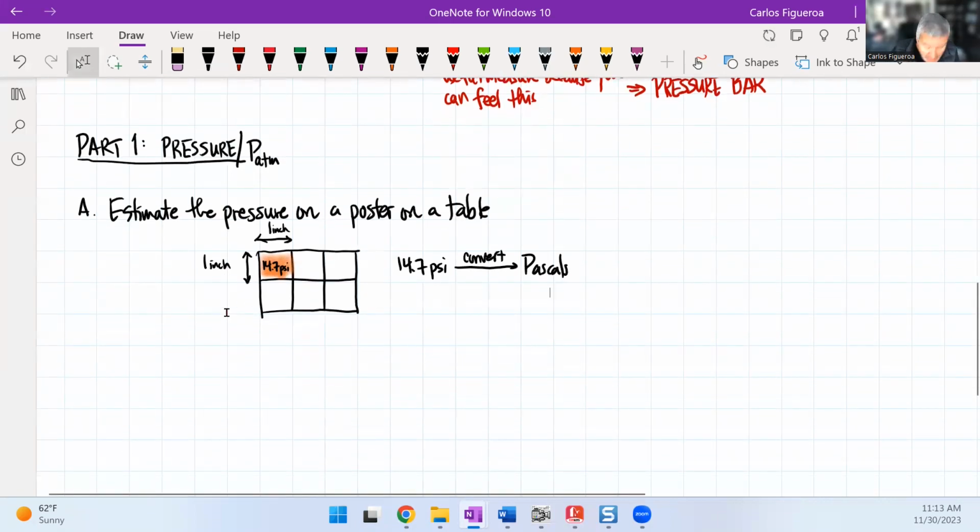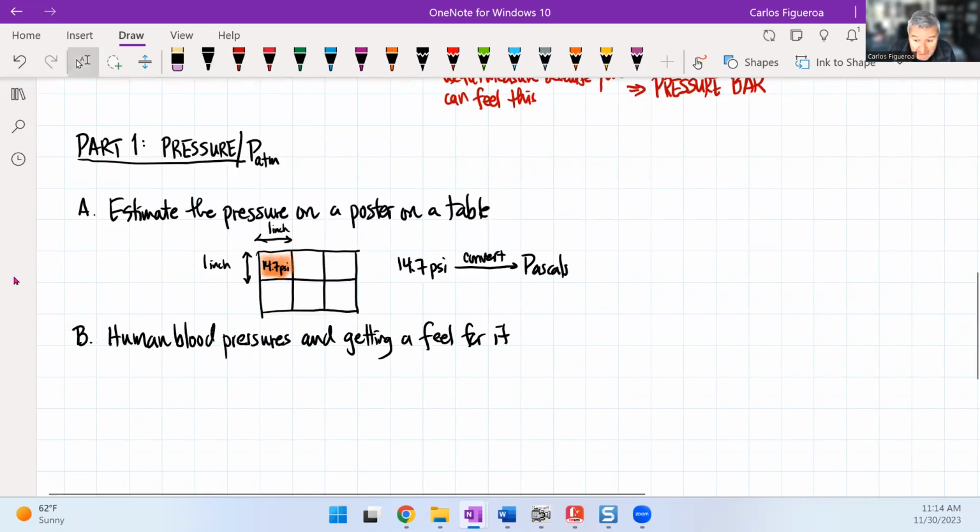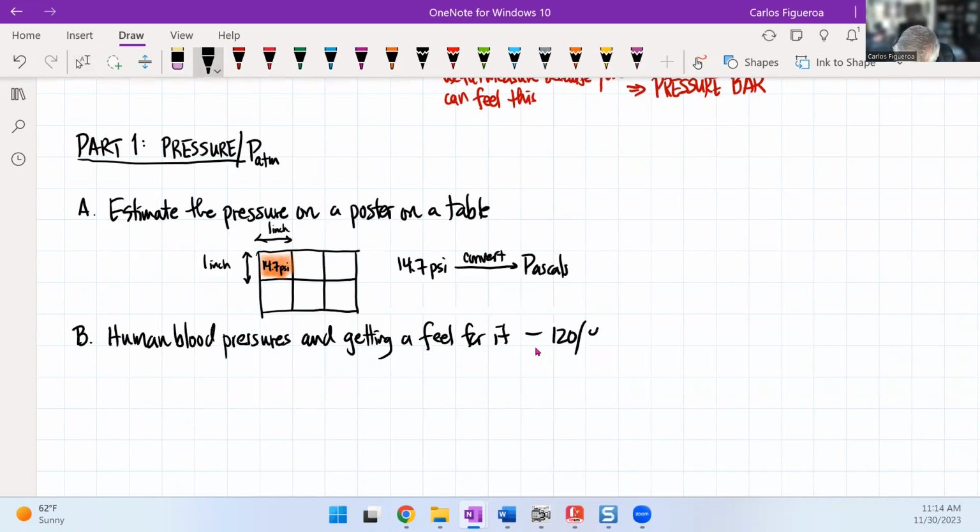Now, the other thing that we want to look at in part B is human blood pressures, and getting a feel for it. Right? So when we're talking about pressures, we're typically talking about pressures of what? 120 and 80 as these human blood pressures.